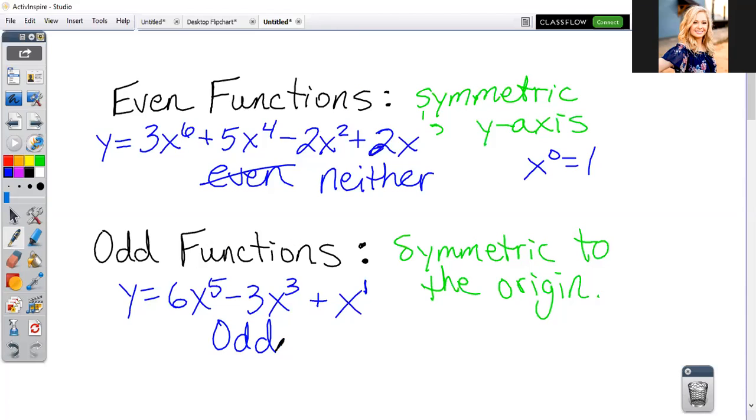I'm going to show you this on your calculator. You don't have to write this. I'm just going to show you how this works.